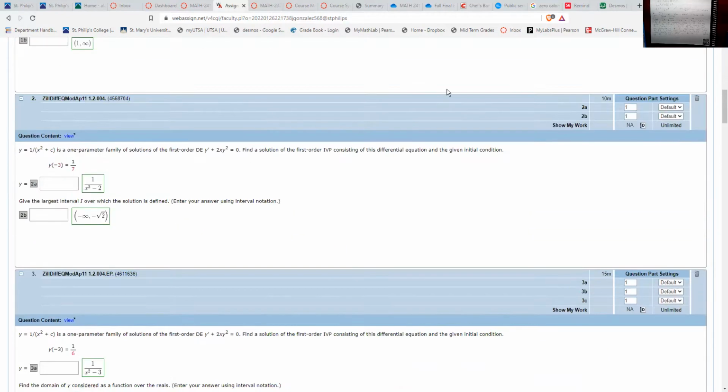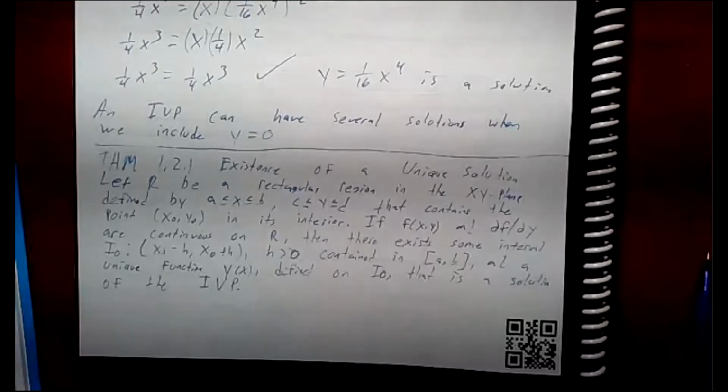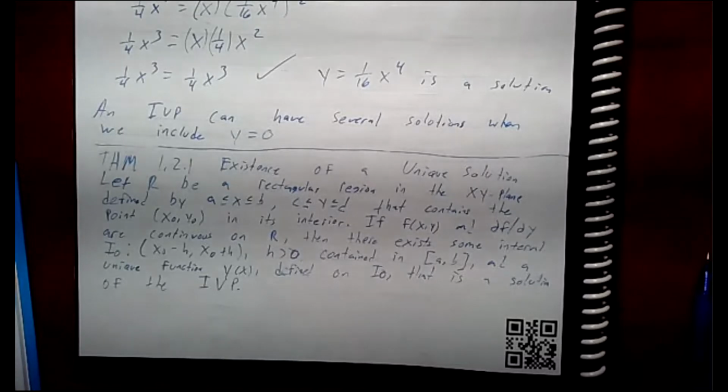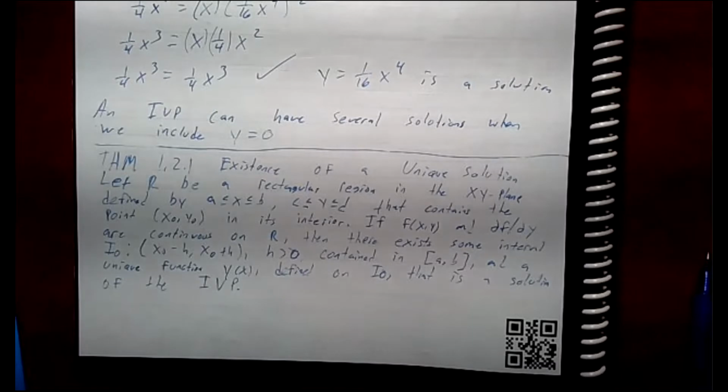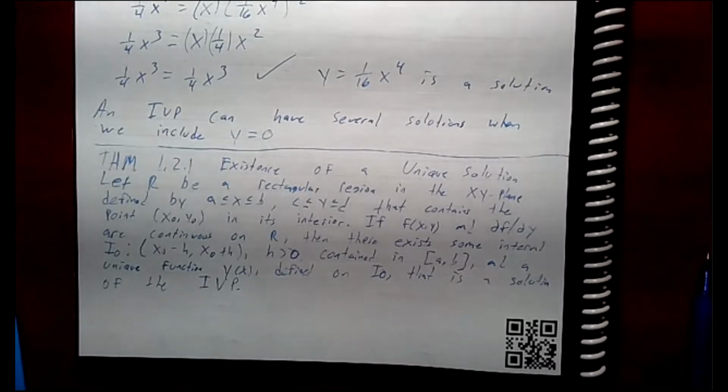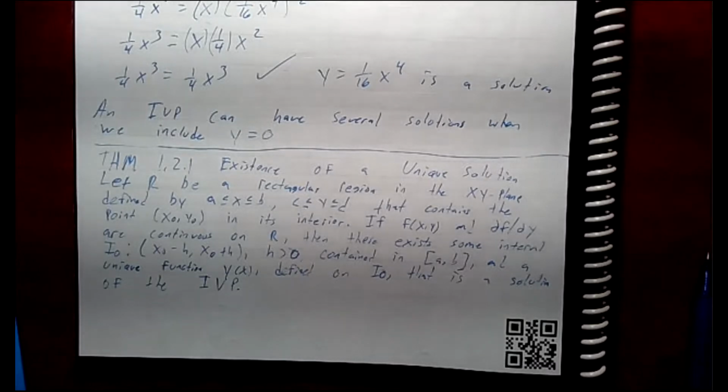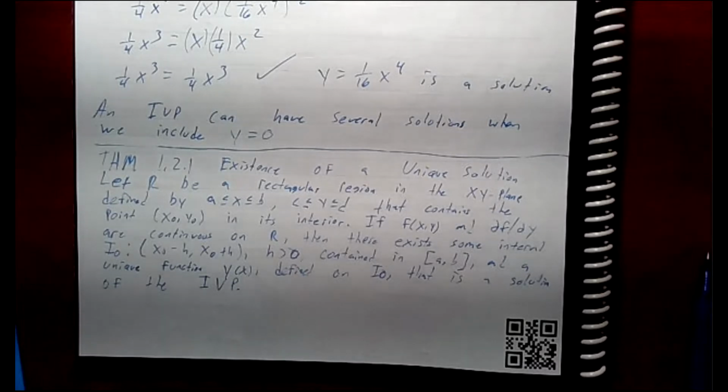Let me check one thing. Yeah, I forgot one thing here. I'm sorry about this. So I thought this was asking for the domain of Y. This one was the domain of Y. This one's different. This one's the domain of the initial condition.